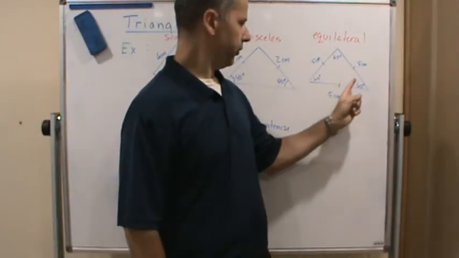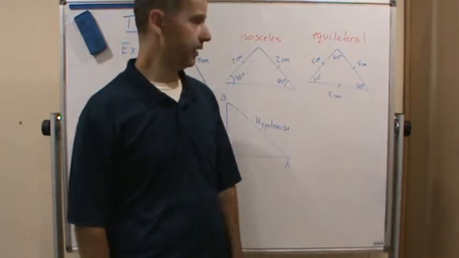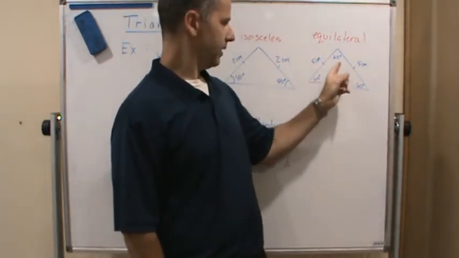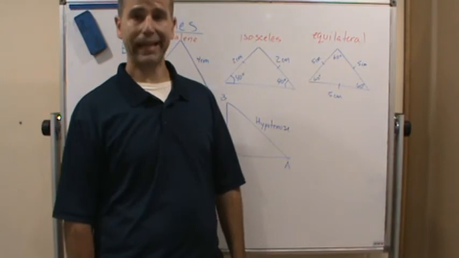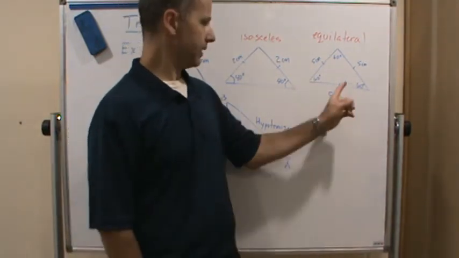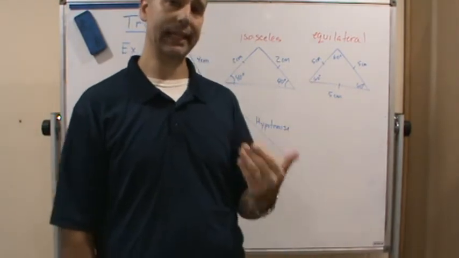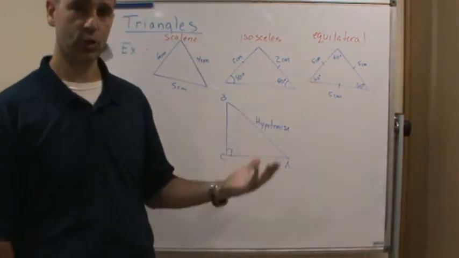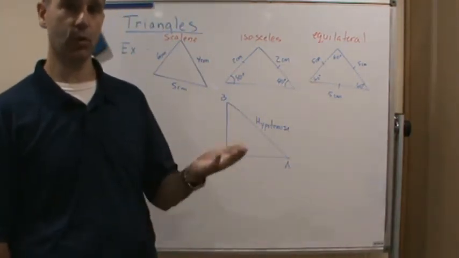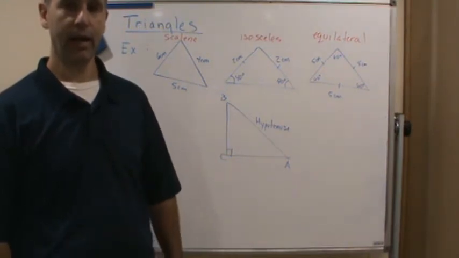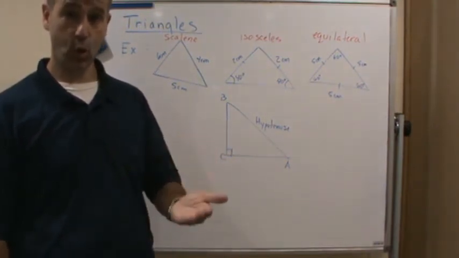Well, if all three sides are the same length, then it would make sense that all three angles are the same, which means that these are all going to be 60 degrees. Why? Because the interior angles of a triangle must sum up to 180 degrees. That's one of the properties of a triangle.